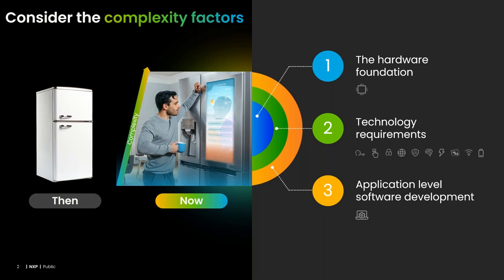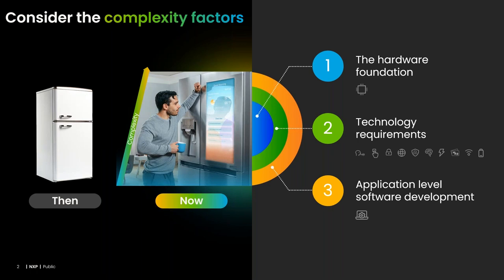If you look at our end products as a system developer nowadays, you will see a lot of added features onto your end product. Take the example of a fridge in your home.